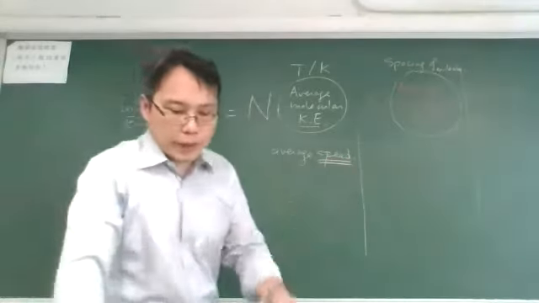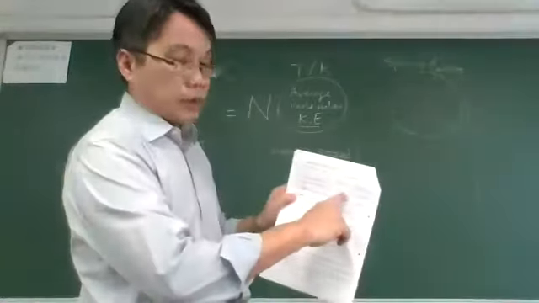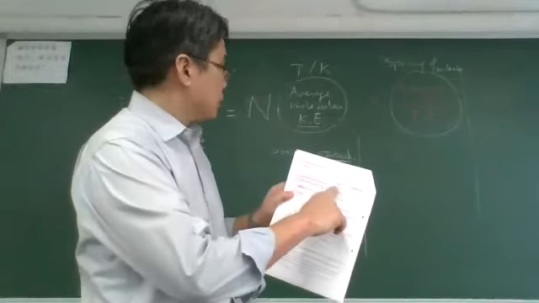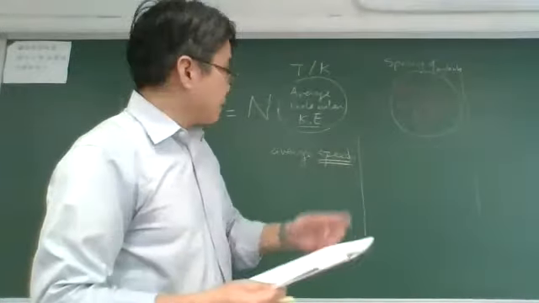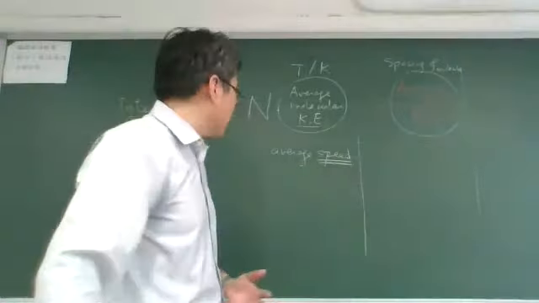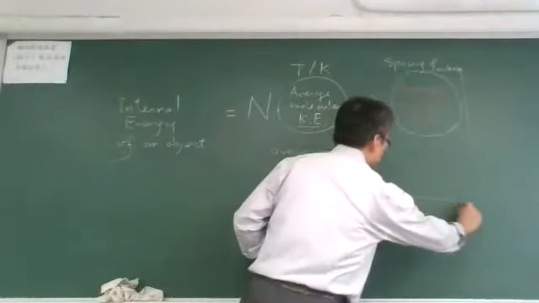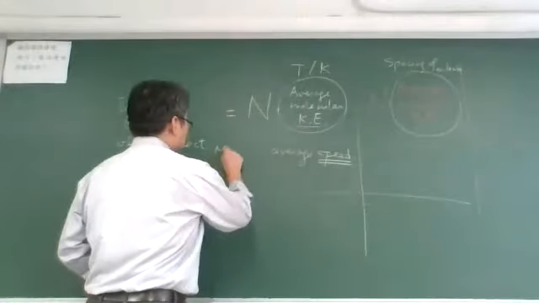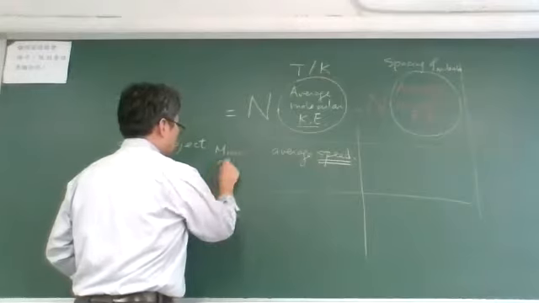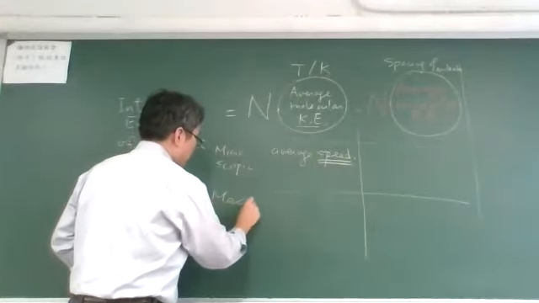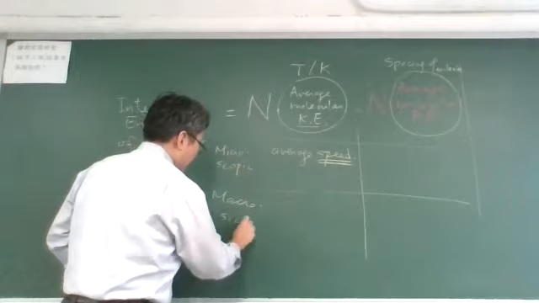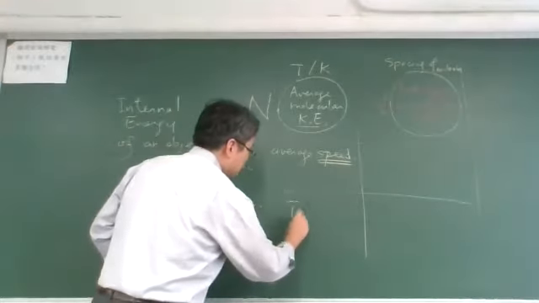The microscopic view here should be the speed, or average speed, of the molecules. And the macroscopic point of view is T, temperature.